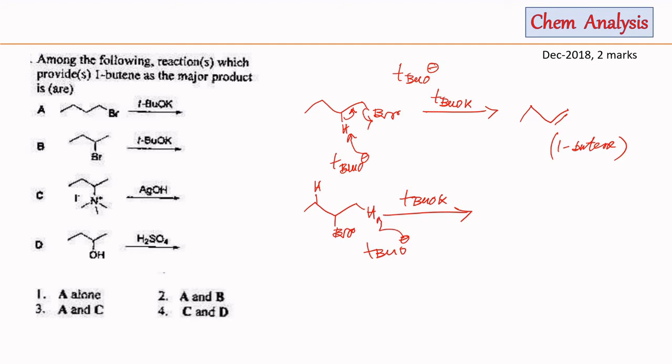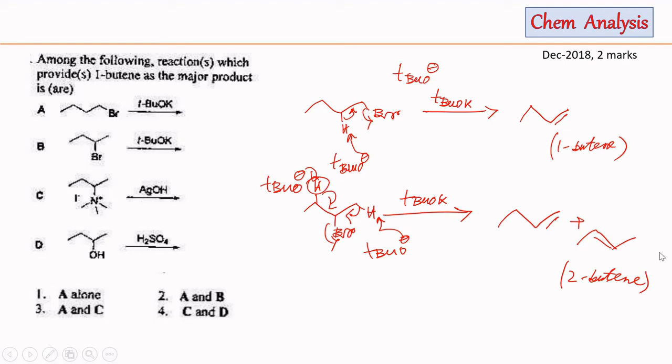Now if this base abstracts this primary CH bond, then there will be formation of 1-butene, and similarly it can also abstract this secondary CH bond, and if the base abstracts this secondary CH bond, there will be a double bond here, bromide will be eliminated, and there will be formation of 2-butene. Since this 2-butene is thermodynamically more stable than 1-butene, it will be formed as the major product. So this option is not correct, since we have to tell about the reaction condition which gives 1-butene as the major product, and the first reaction is allowed.